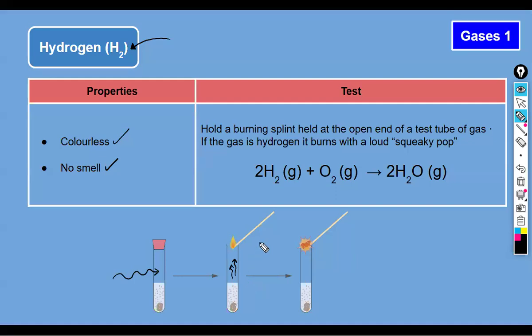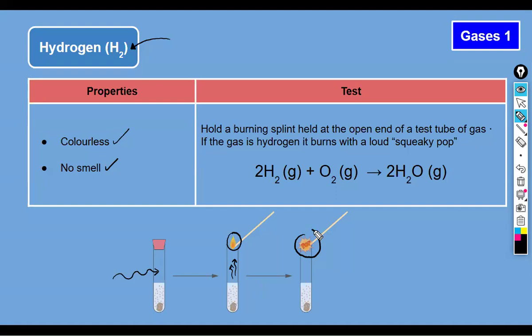Well, the test for hydrogen is this. If you put a lighted flame, right? A burning splint, meaning a flame, it will make a popping noise. Now I know a lot of people are going to ask me the question: are you sure you're not mixing up the hydrogen test with the oxygen test?